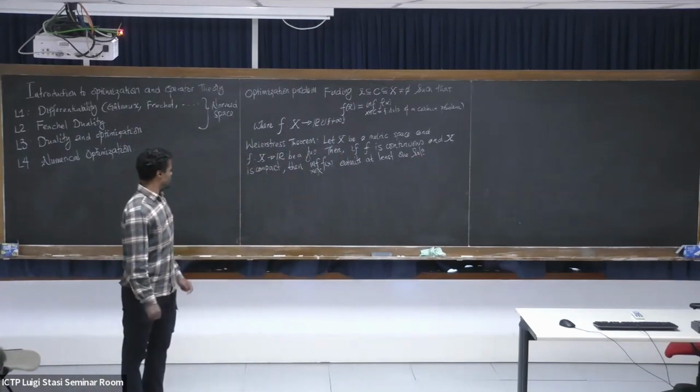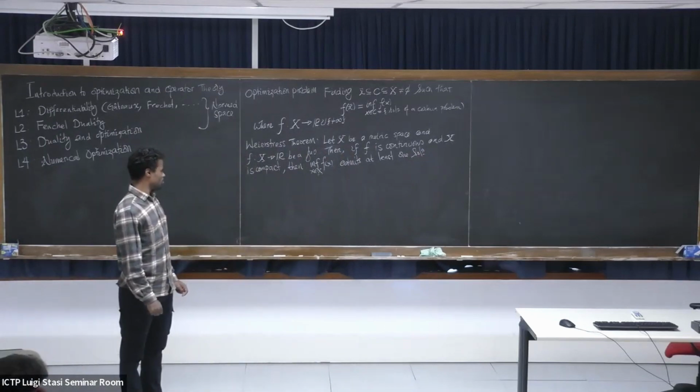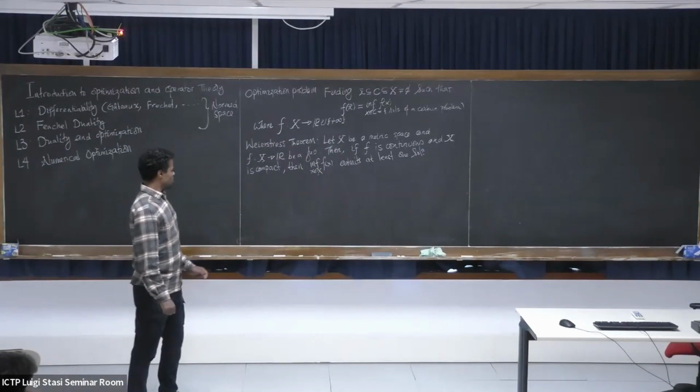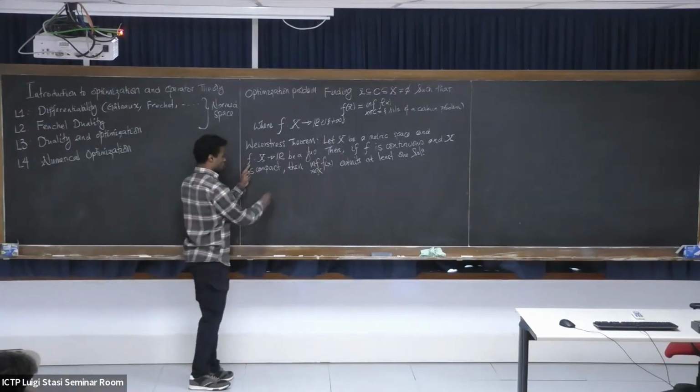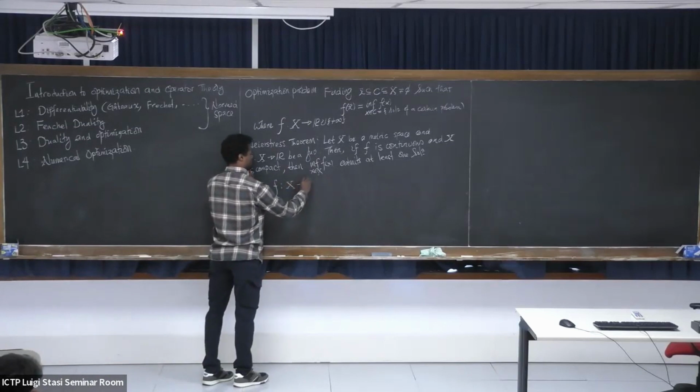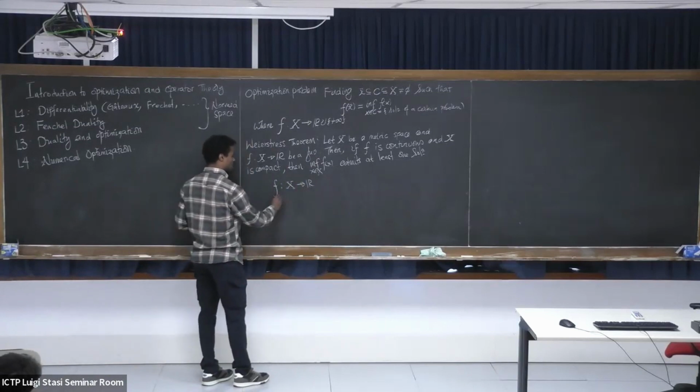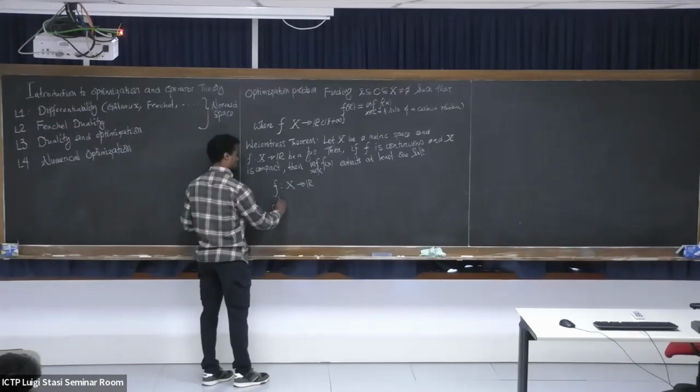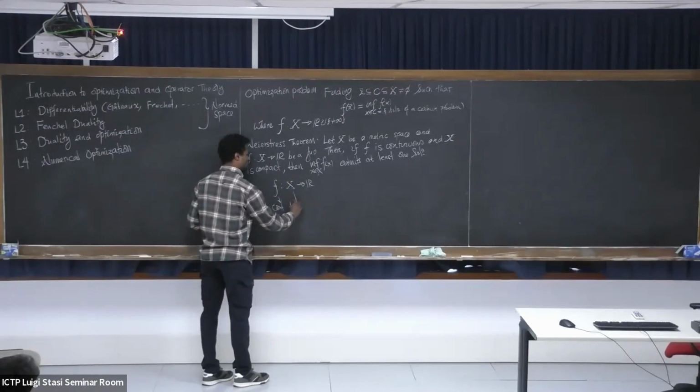This is called the Weierstrass theorem, which says that f should be continuous, plus X should be compact.